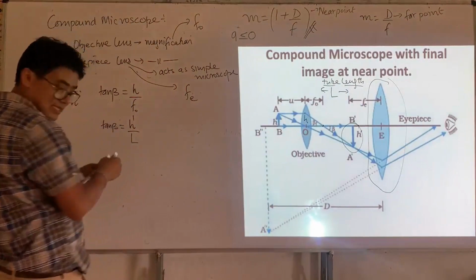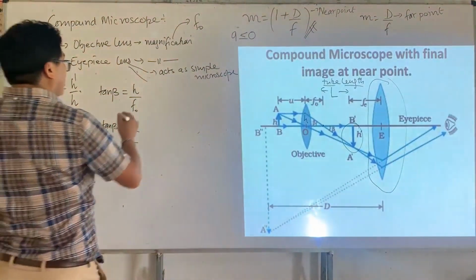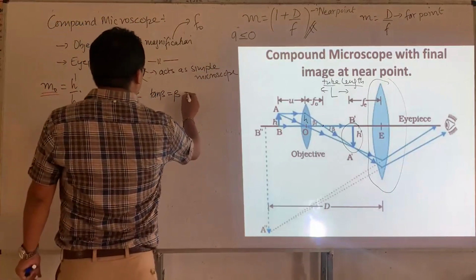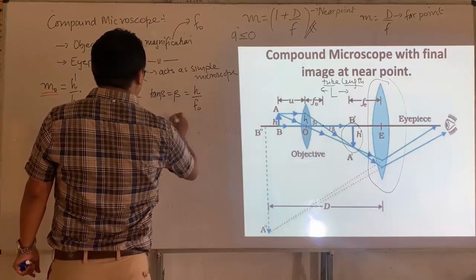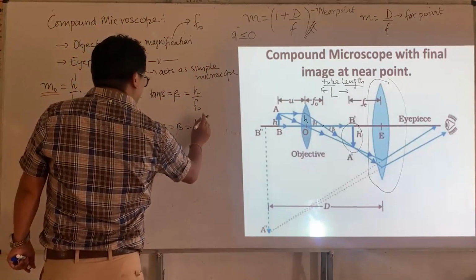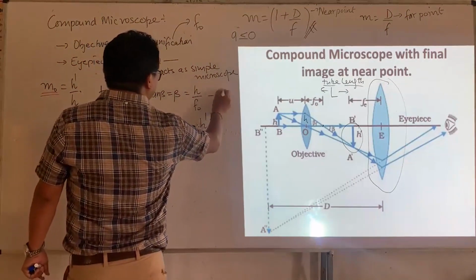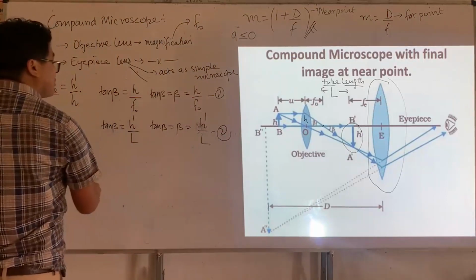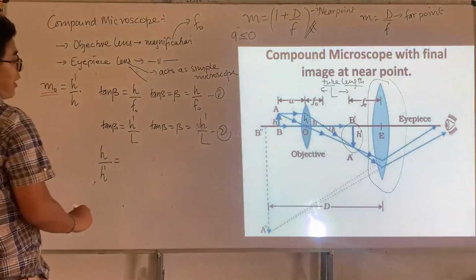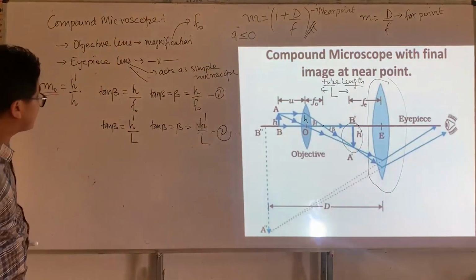Okay, now again I just write here. If beta is small, then tan beta is equal to beta, which is equal to H by F naught. Again, tan beta is equal to beta, H prime divided by L. So I compare these two equations.